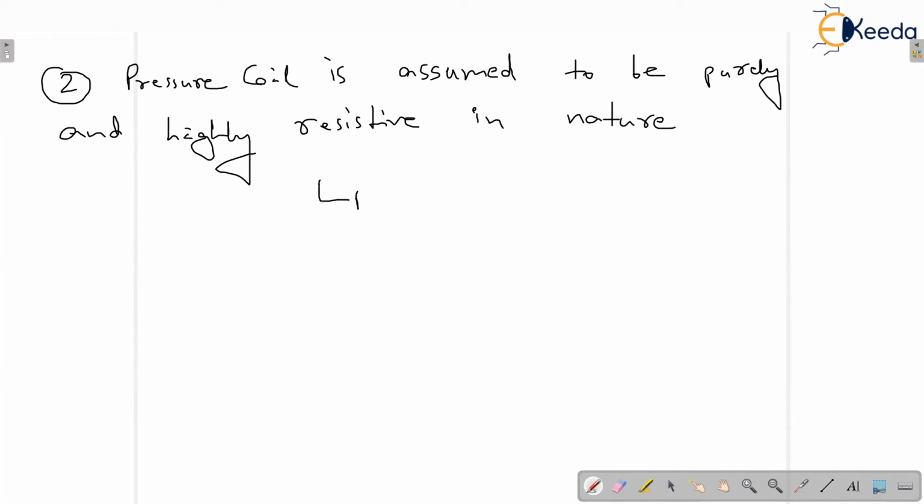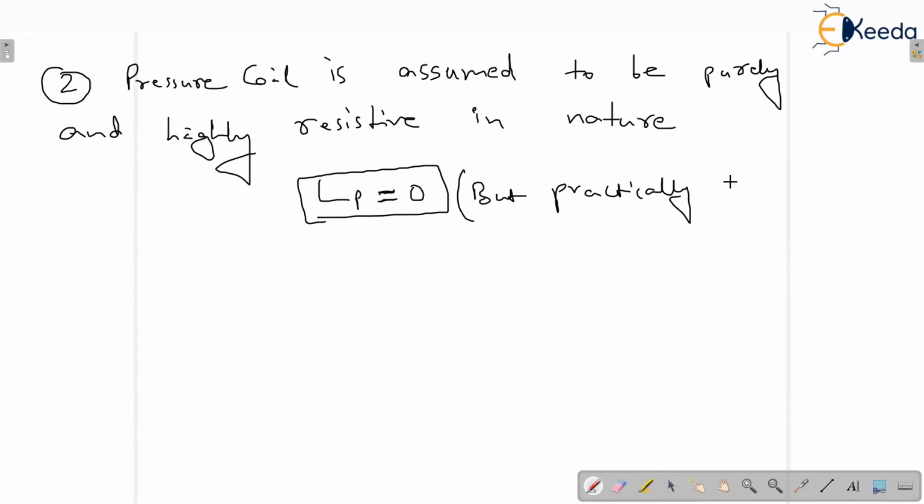So LP, the inductance of the pressure coil, is 0. Our assumption is this, but practically it is not possible.